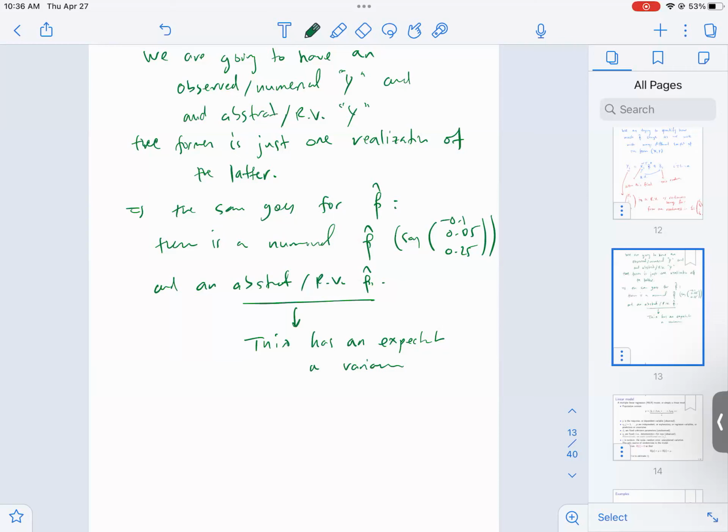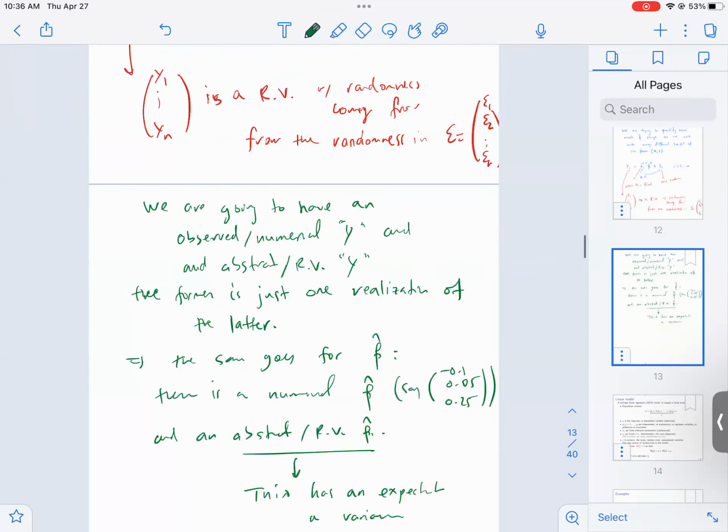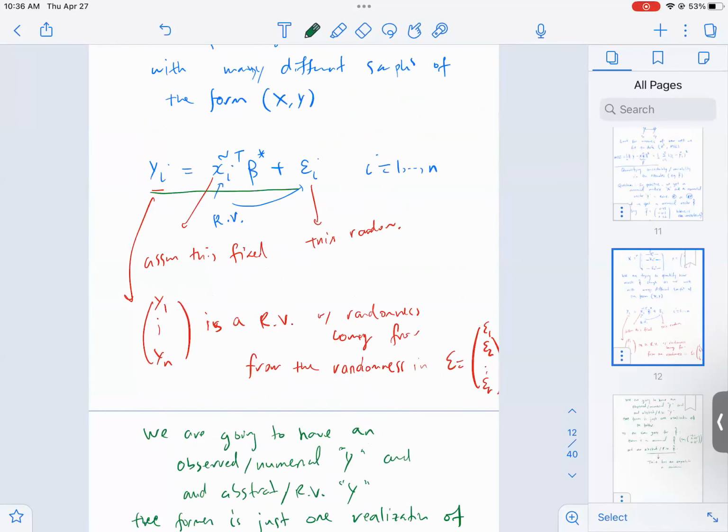So we model the observations as coming from this abstract model. This is sometimes called the population version of the model. There are different types of population. One can think of just a single draw from the population. Here you're talking about this n-sample population.